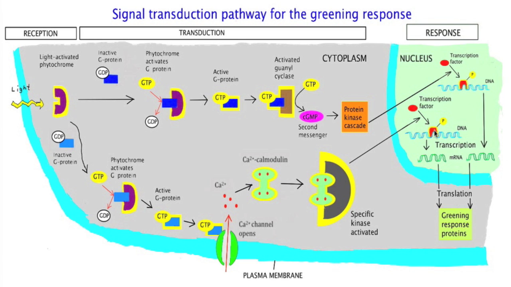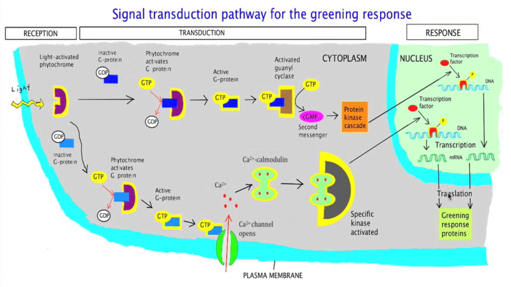The transcription factor will then attach itself to a DNA gene and go through the process of transcription, producing mRNA. The mRNA will then leave the nucleus to go through the process of translation, and create greening response proteins.